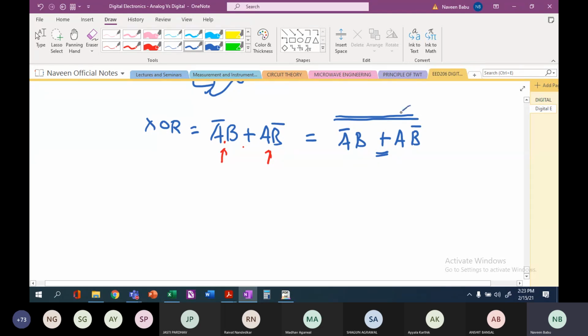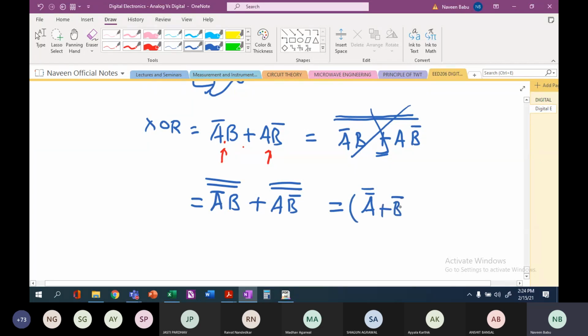Then what you should do? Instead, you apply the bar individually to the product term. You apply double bar to this plus A B bar. You apply double bar to this. Now this will become A bar will become A bar only. Let me do that later.